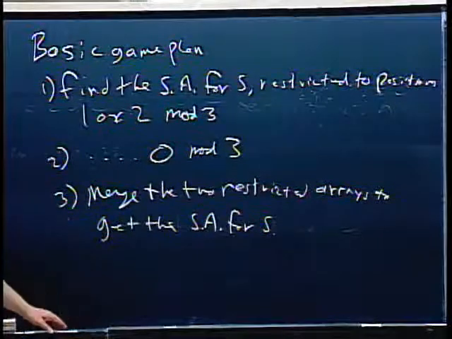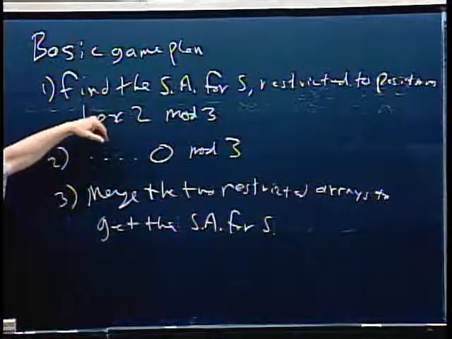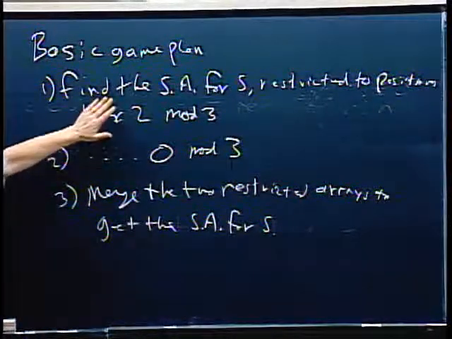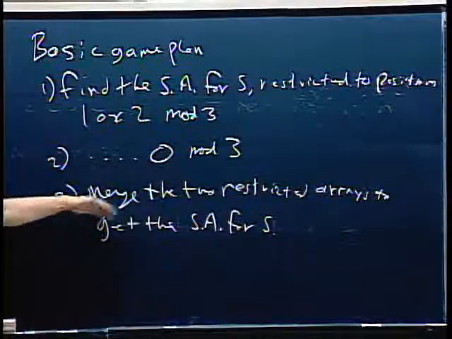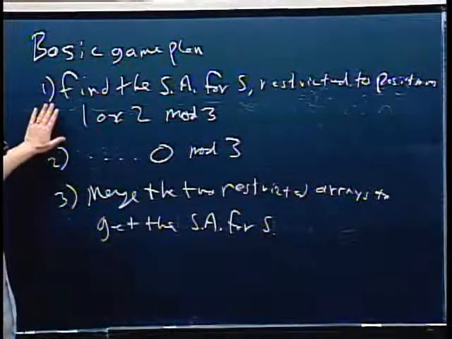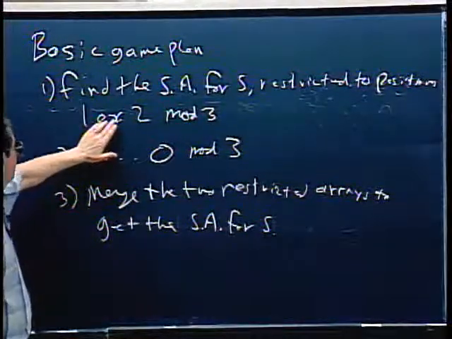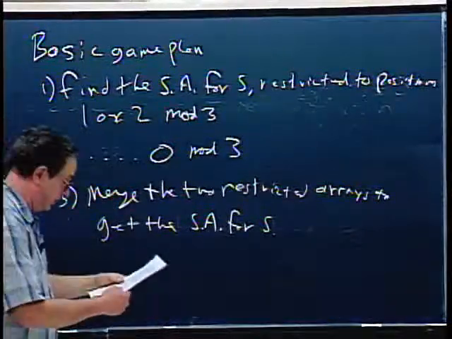In fact, the n log n time method was sort of this game plan, where they divided into odds and evens, but then the merging added the log n factor. But here the cute thing is that if you break it up this way, it turns out that you can merge efficiently, and we'll see that.